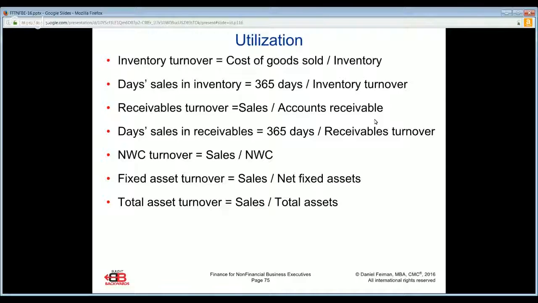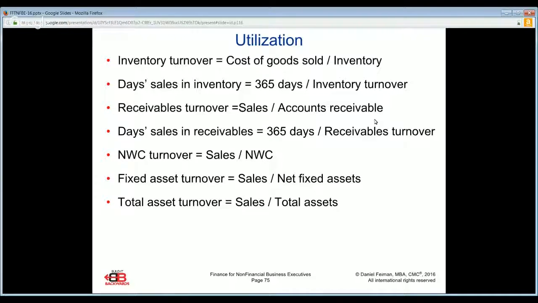This really tells us, for the tangible assets that we had acquired through our capital budget, as we looked at in the last module, what level of sales are we creating? Are our sales increasing over time while our investment in fixed assets are staying relatively static? If that is the case, then we're becoming more efficient over time, which is generally what we would like.